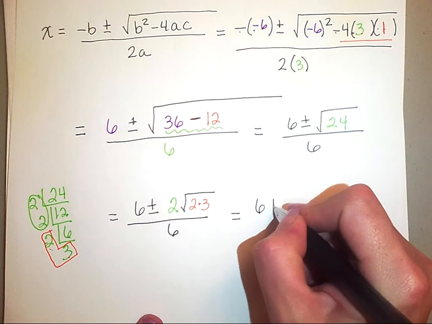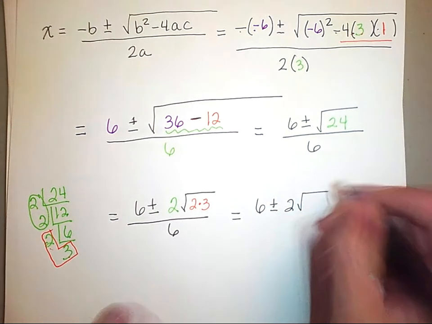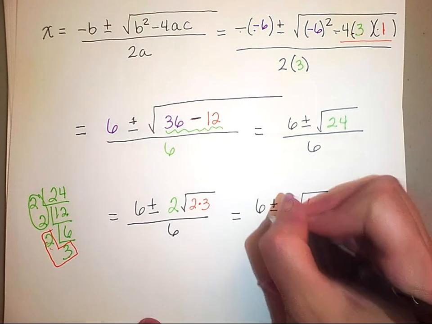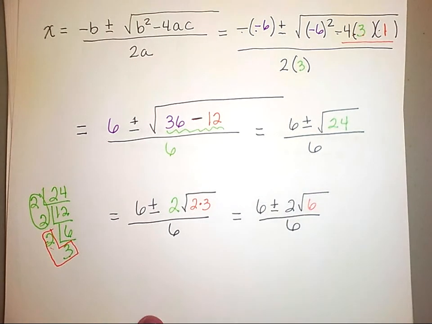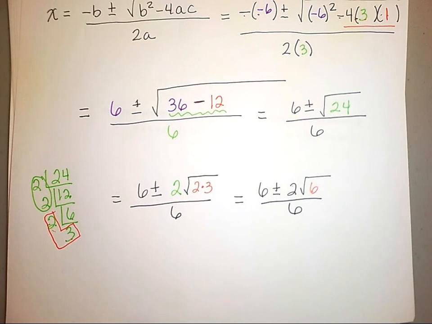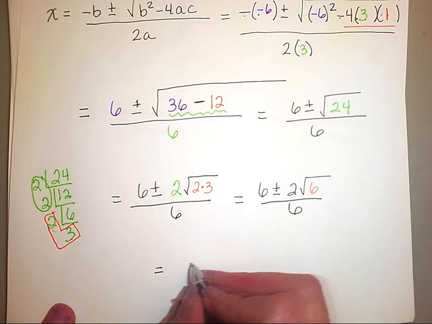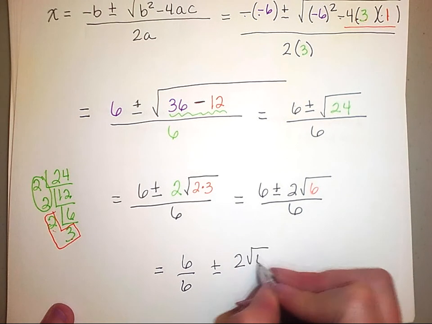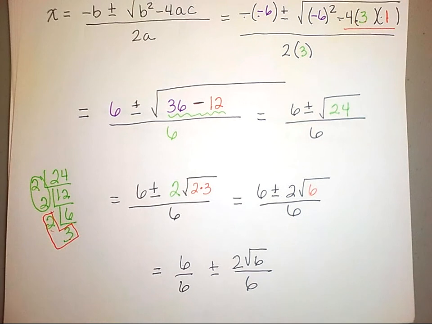And just to be very clear about what that is, that's 6 plus or minus 2 roots of 6 over 6. Alright, now let's split it up. Okay, so this is 6 over 6 plus or minus 2 roots of 6 over 6.